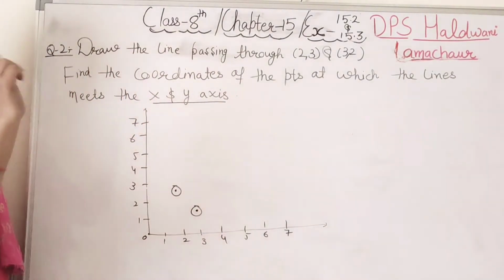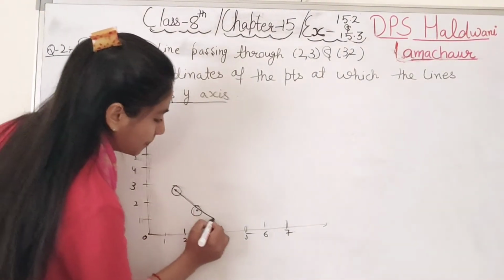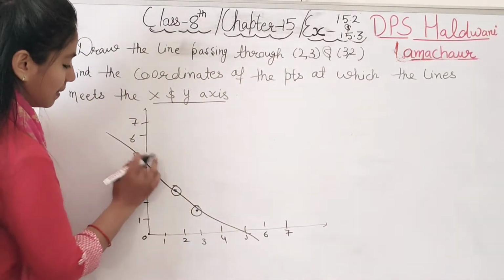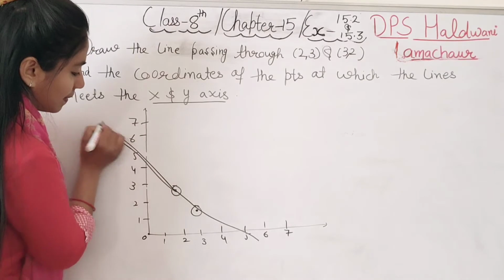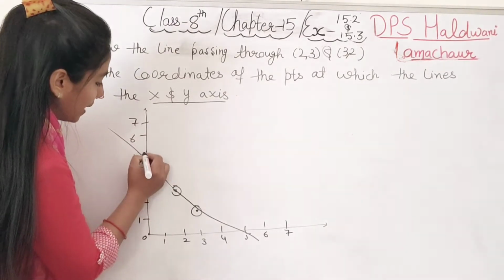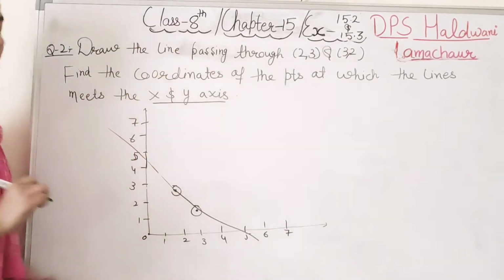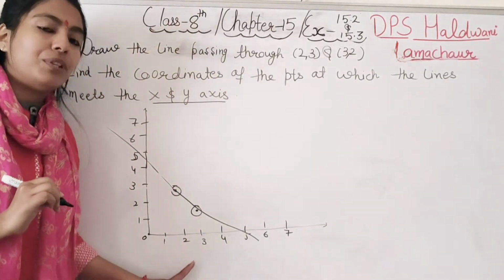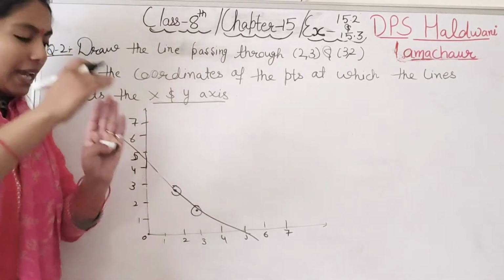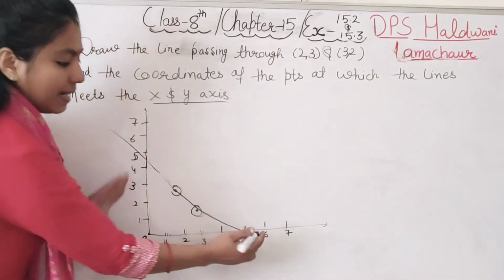When you join these points, you will extend the line. I am making this on a board, so my line is not straight. When you draw the same graph on graph paper, the line will be straight only.